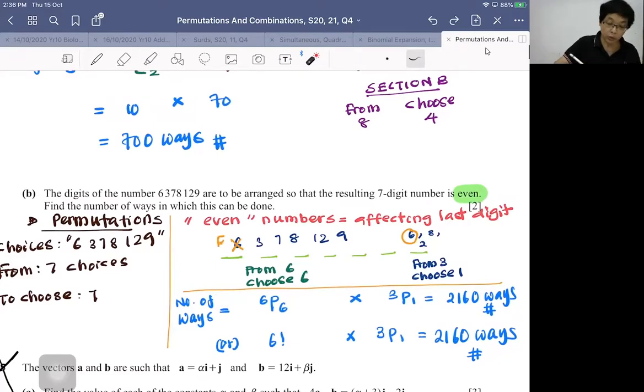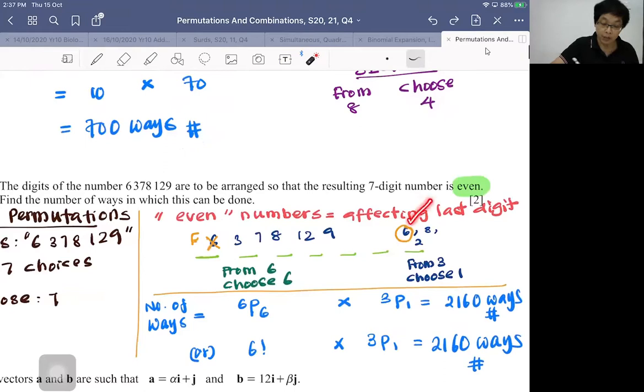From the choices we notice number 6, number 8, and number 2. So to fit into this last digit, you have 3 choices and you choose one of them each time.